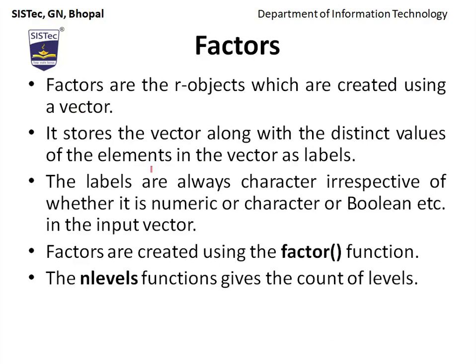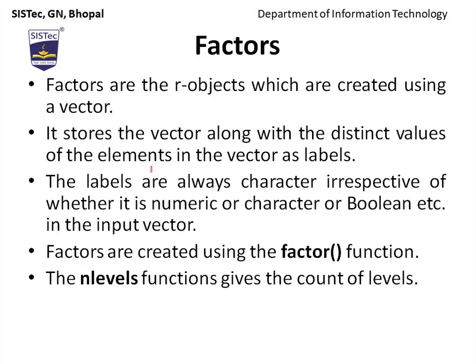Next one is factors. Factors are also R objects that are created using vectors. Basically, a factor stores the vector along with the distinct values of the elements as labels. For example, somewhere we have to use many values, meaning categories.